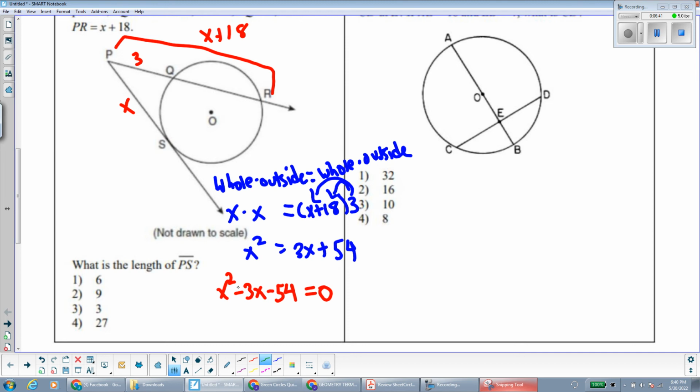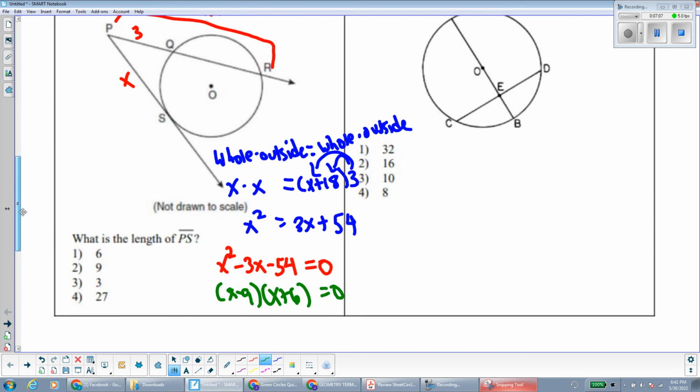And since when you add them, it should be negative, the bigger one should be negative. So that should be negative 9 and positive 6. Let me just double check that. 9 times 6, that is 54. So negative 9 times positive 6 is negative 54. And if I add negative 9 and 6 together, I do get negative 3. So that is what I'm looking for.